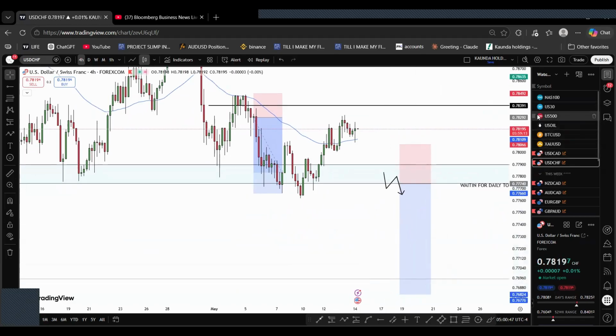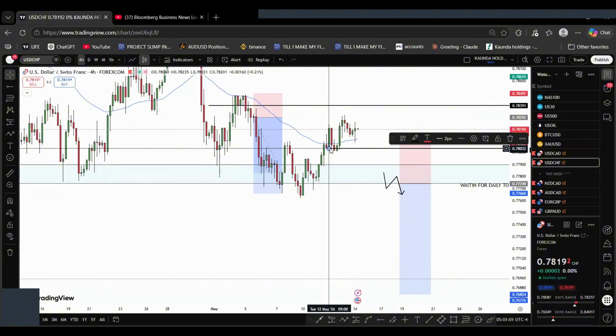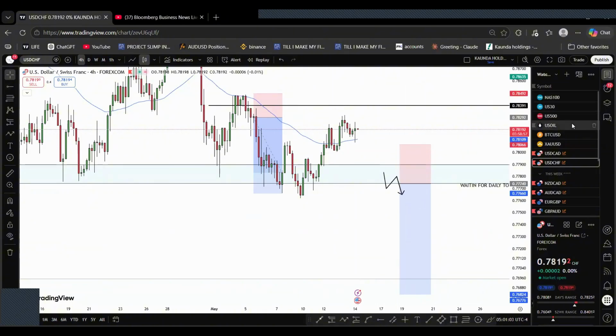So really as well, if we can have a Thursday which is today, and price doesn't really break below, or at least this zone here, then this trade is also invalid. In fact, it's probably even invalid.